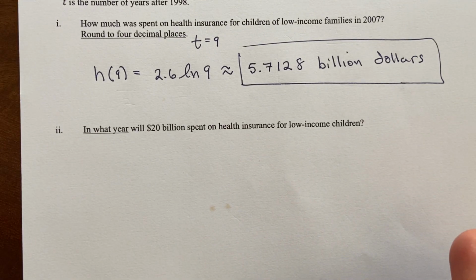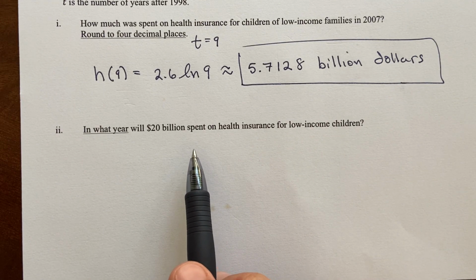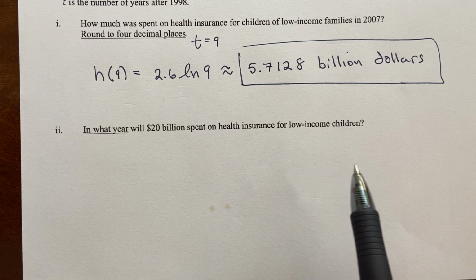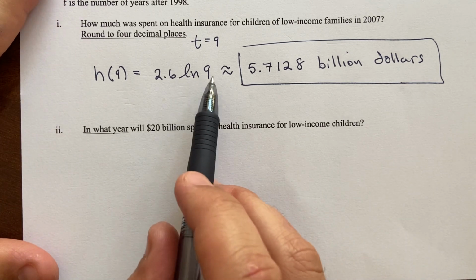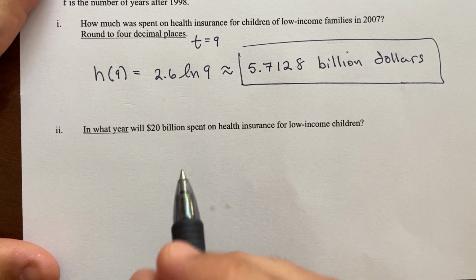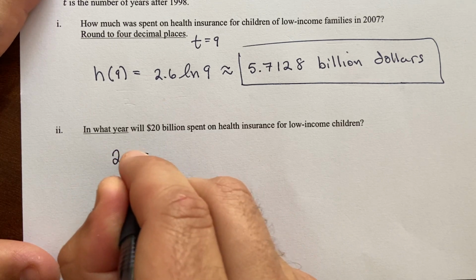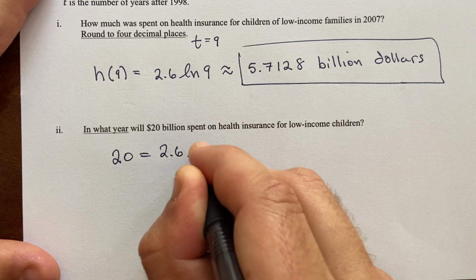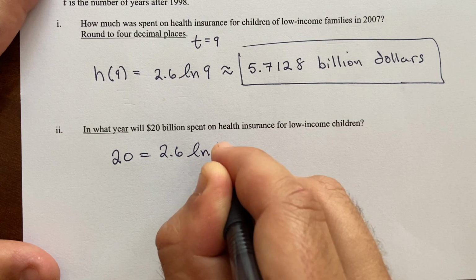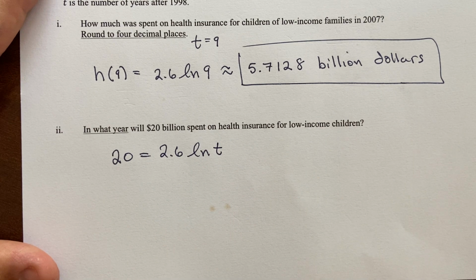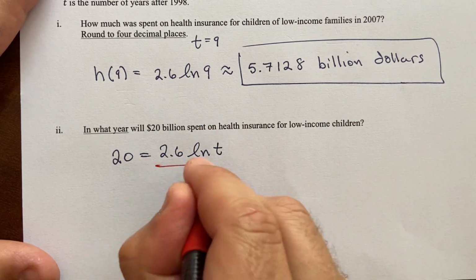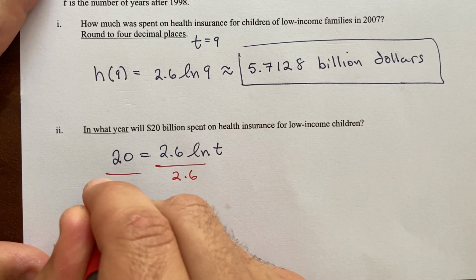In what year will 20 billion be spent on health insurance for low-income children? So instead of plugging in over here, now we're plugging in for h. So I'd have 20 equals 2.6 times ln of t. Trying to solve this for t. So I'll divide by 2.6.